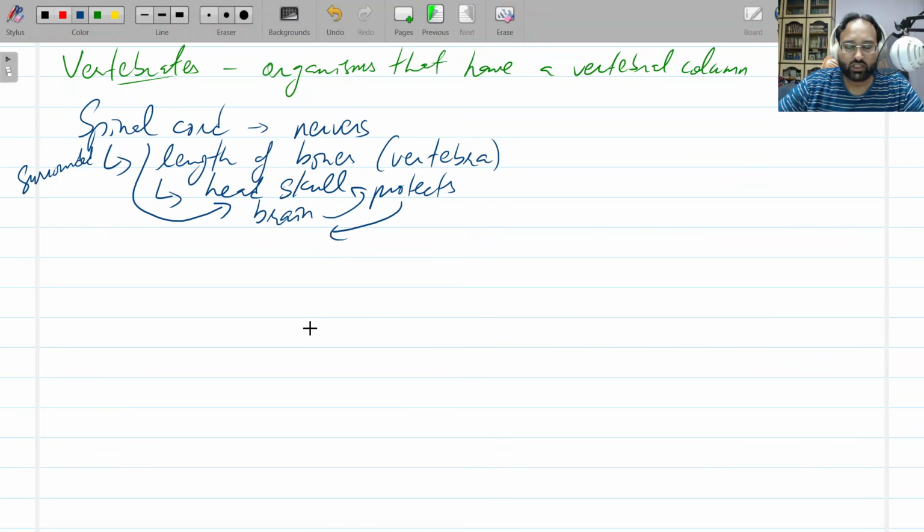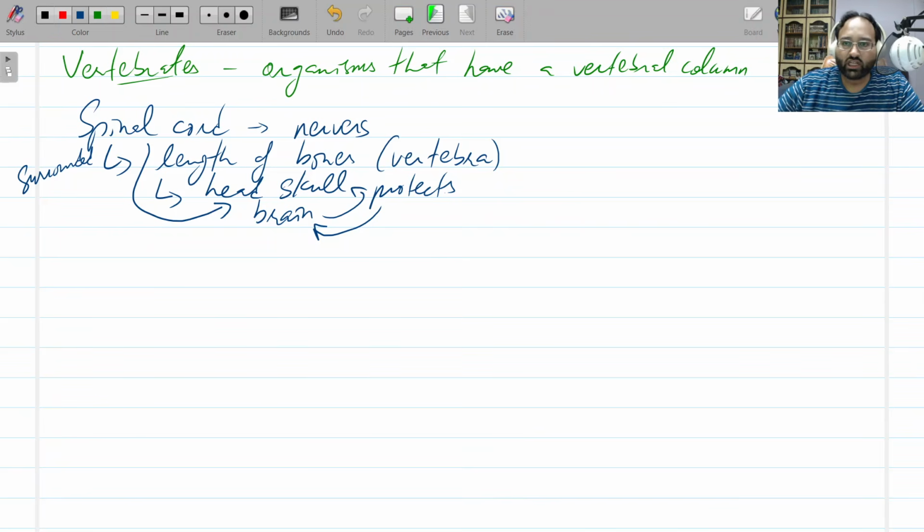I don't know if these arrows are making sense to you. Well, you're speaking, so it makes sense. Yeah, that works, right? So the skull protects the brain. The spinal cord forms the brain when it goes to the head region, and the vertebra forms the skull. So the bones and the nervous system.